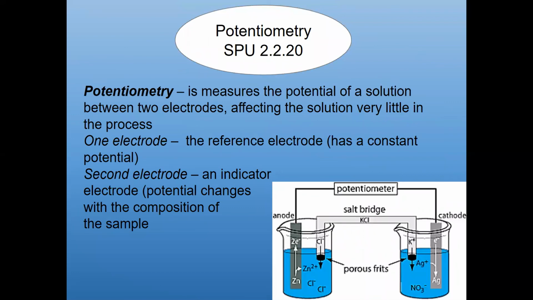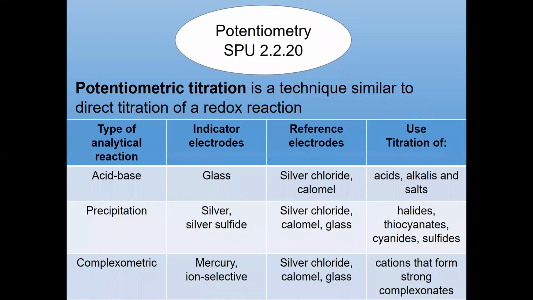Potentiometry measures the potential of a solution between two electrodes, affecting the solution very little in the process. One electrode is the reference electrode; the second electrode is an indicator electrode. Potentiometric titration is a technique similar to direct titration of a redox reaction.